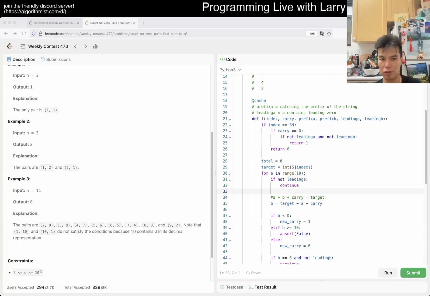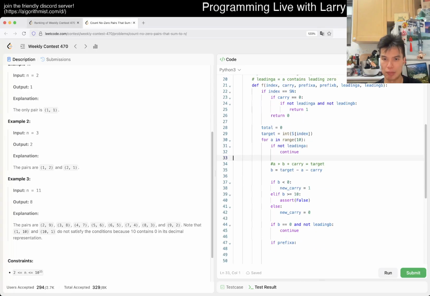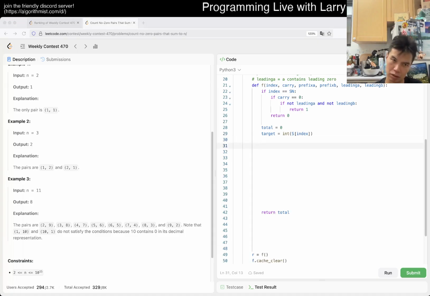So we assume that there's going to be a carry from the future, is it? This is messy. This is why you usually do. But this is so hard.